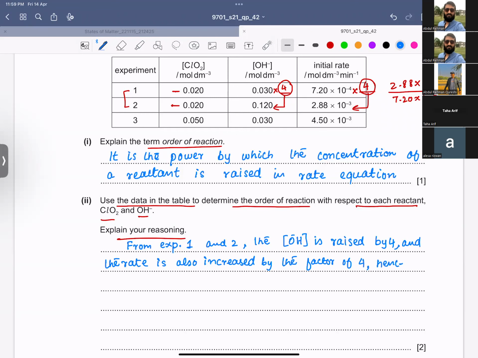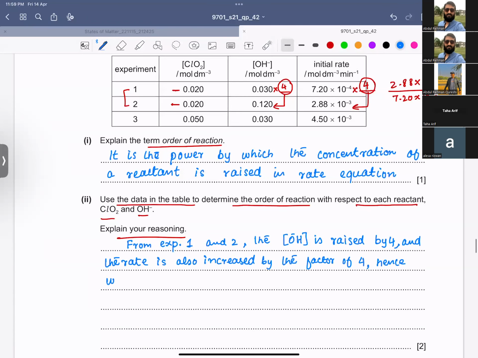Hence, with respect to the concentration of hydroxide ion, it's first order. Is this understandable to everyone? If anybody has any doubt or confusion, kindly ask.